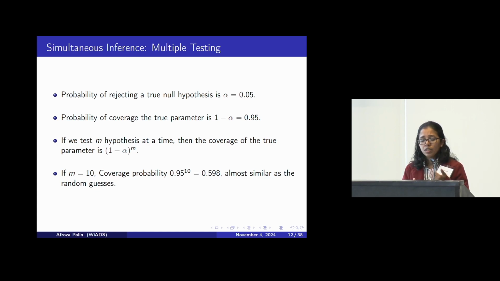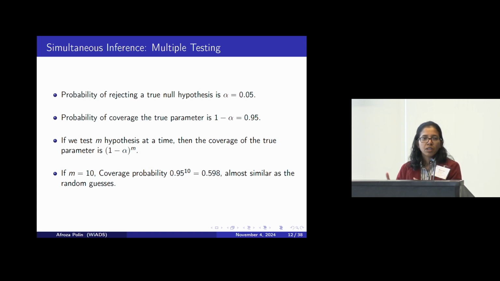Then when we test, say, 10 predictor variables, so we want to estimate or test 10 parameters at a time, your coverage probability will be 0.95 to the power 10. That means close to 60%. So 60%, that means you do not need to do any test. You can just say yes or no by default.